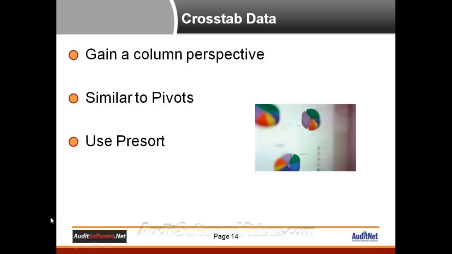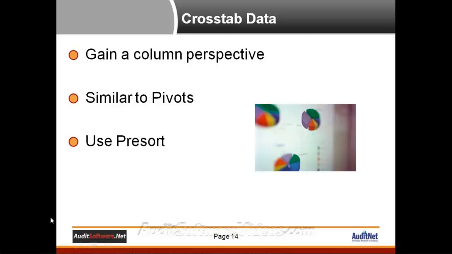The crosstab feature of ACL gives more of a column perspective to any summarization. So you could summarize by vendor on the row side, but then you could have it broken out by department in that summarization by the column side.